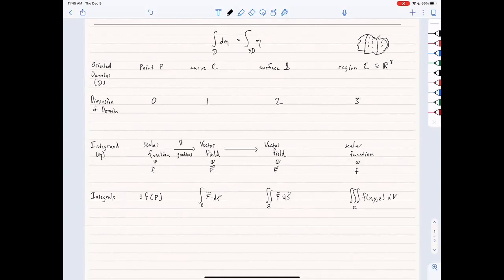Just learned it recently. Curl. Great. We just learned it very recently. A derivative that takes a vector field to a scalar function is divergence.